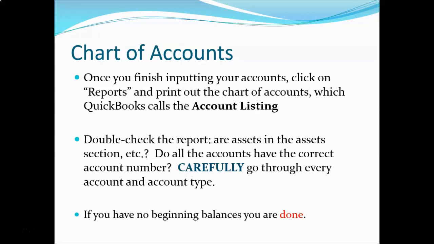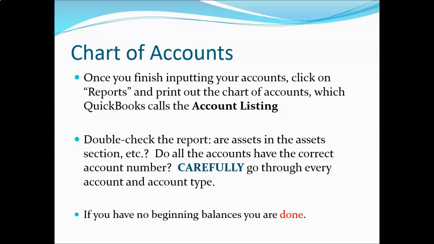Once you finish inputting your accounts, so now we put in our assets, our liabilities, our equity accounts, our revenue and expense accounts, we've made sure all the names of the accounts are correct, all the account numbers are correct, and all the beginning balances are correct.